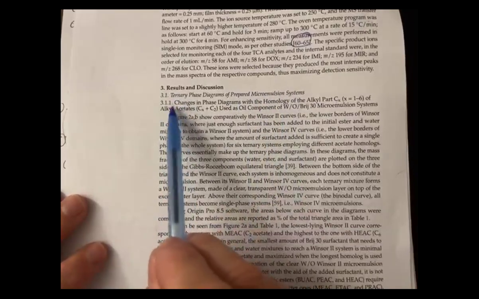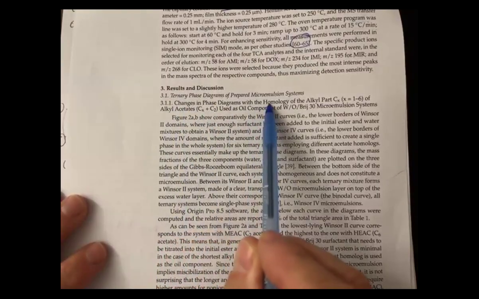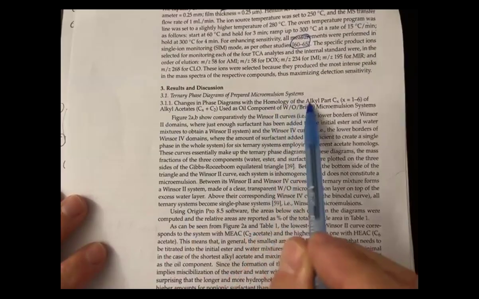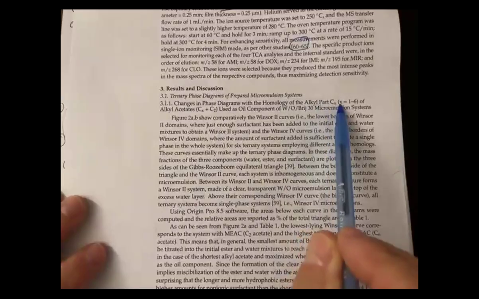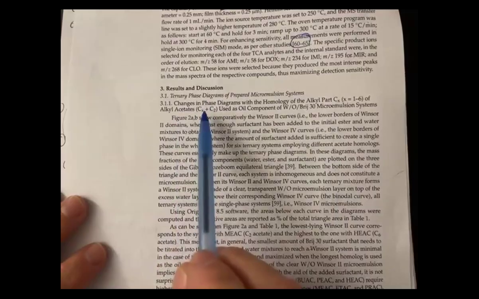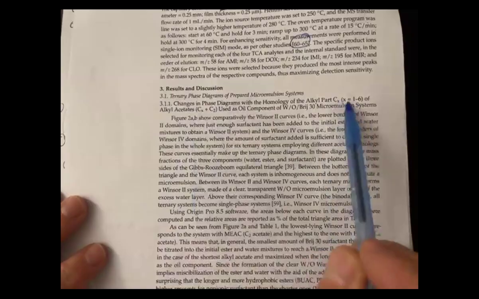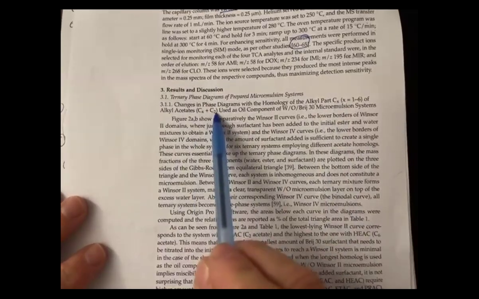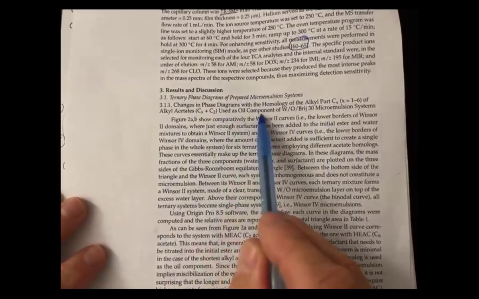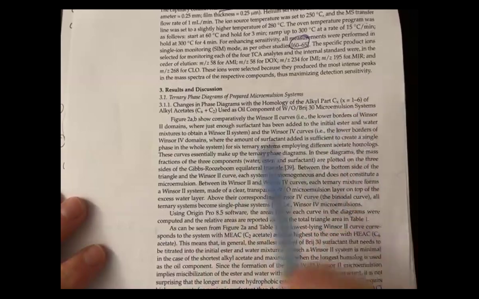And the first sub-section is changes in phase diagrams with the homology, so the same system but with the alkyl part CX, with X equals 1 to 6, of alkyl acetates. So it's CX, meaning that it's going to be 1 to 6, but there are 2 carbons on the other side, which I now understand, used as the oil component of water, oil, Brij 30 microemulsion systems.